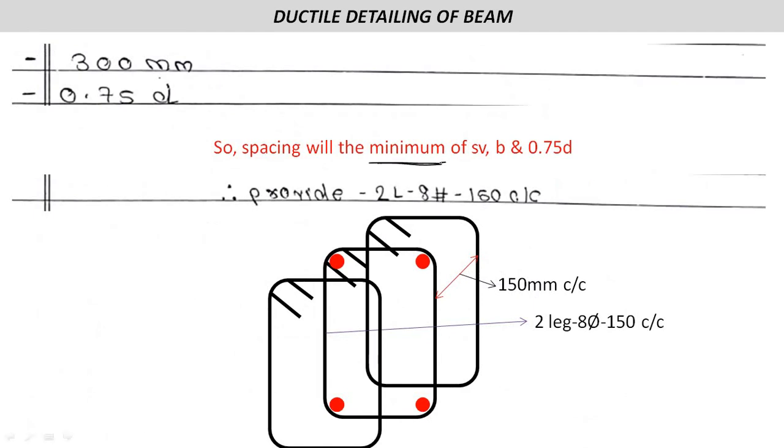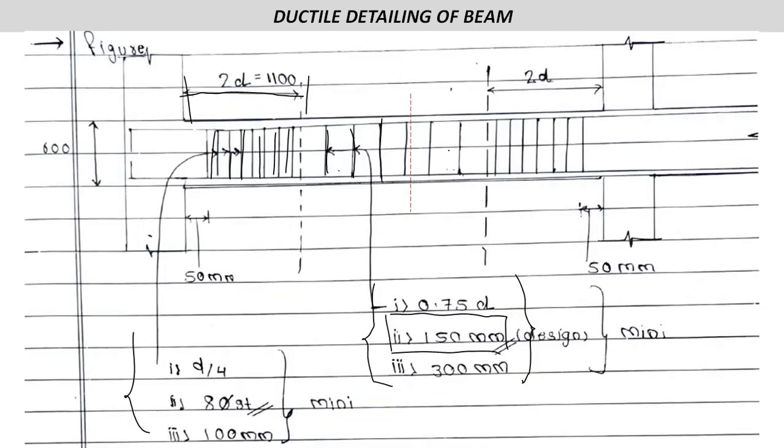I said the maximum value, but that was a mistake. In our case the minimum value is 150 mm, so we have used 150 mm over here. The stirrups will start 50 mm from the support.